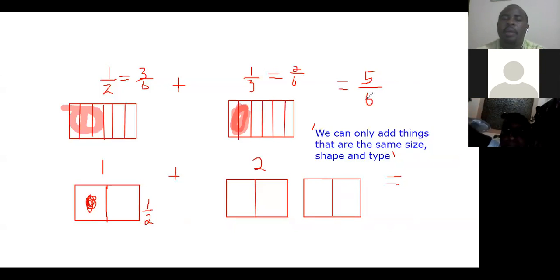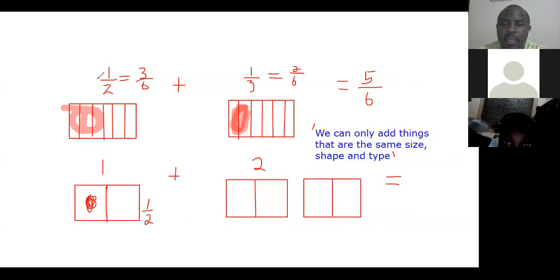Any questions, Zaria? No, sir. Crystal clear? Yes, sir. Okay. So mathematically, what did we do to the 1/2 to get 3/6? We just converted it.